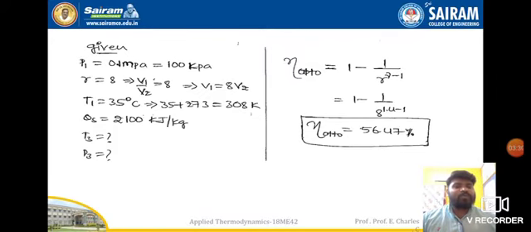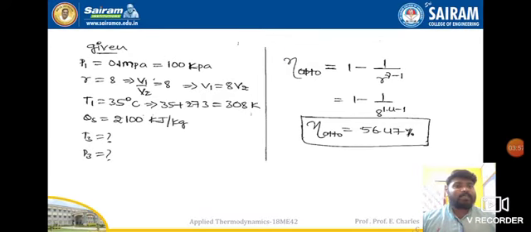So it is very simple. We need to know the efficiency formula of Otto cycle. Otto cycle efficiency is equal to 1 minus 1 divided by r to the power of gamma minus 1. It is a simple substitution. That is equal to 1 minus 1 divided by 8, the compression ratio, to the power of 1.4 minus 1. Why do we put 1.4 in the place of gamma?